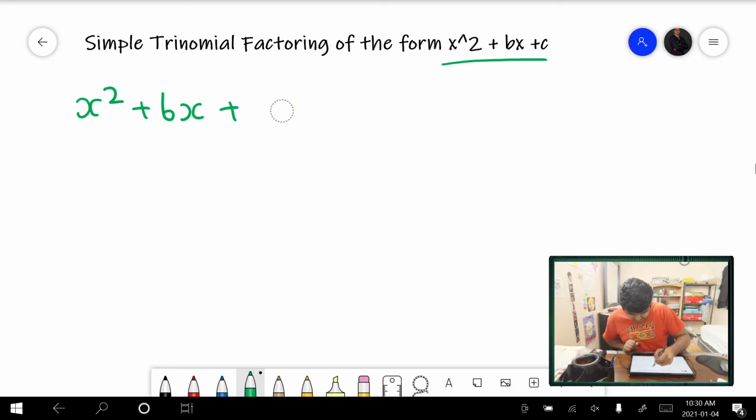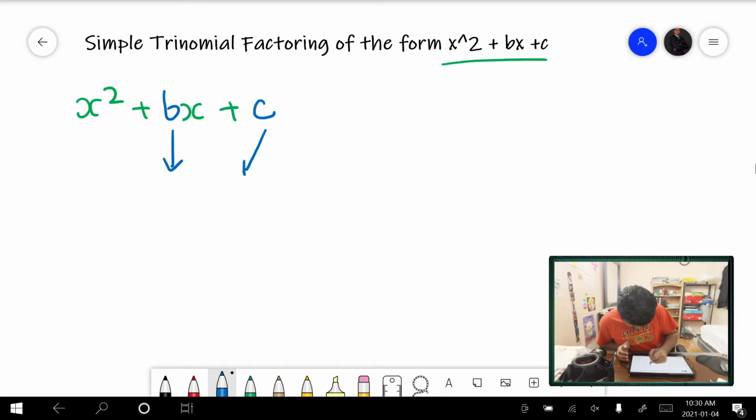So we're actually going to put this B here in green, and we're going to put this C here in blue, because this B and this C just represent any old number, right? These two values here represent any number.